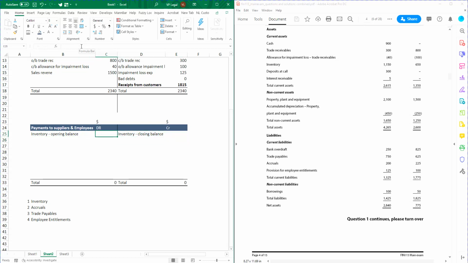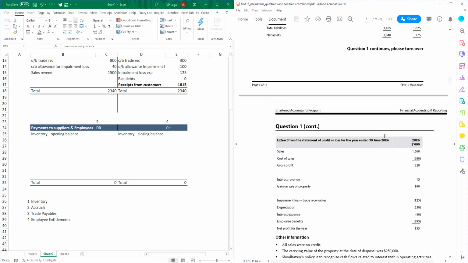Okay, so the next thing we've got to look out for is what are things that increase it, so like purchases of inventory. Okay, so that's going to be on this side, got the debit. Whereas if it's decreasing it, we want to put it on the other side. Okay, so there's actually no purchases, they've just got cost of sales.